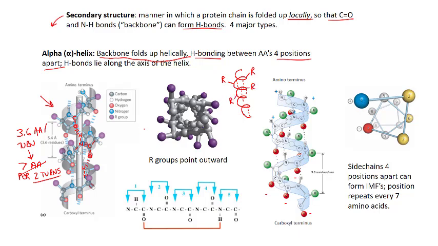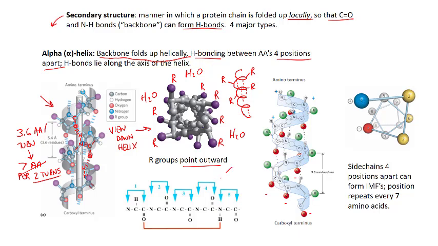So if you were to look down the helix, that's what this picture is supposed to be showing, you would notice that all of your R groups form this big repeating cycle along the exterior of the helix. So our R groups are going to be pointing outward. And that means that everything that's on the inside is essentially shielded from the water, because remember, water is everywhere. We've got water all around the outside, unless we have this structure that's buried within the interior of a protein globule.